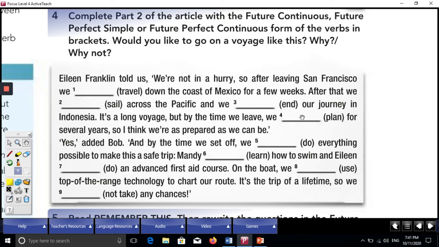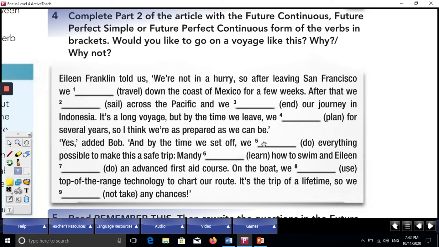Yes, added Bob, and by the time we set off, we have by the time. Now we use future perfect. Will have done everything possible to make this a safe trip.